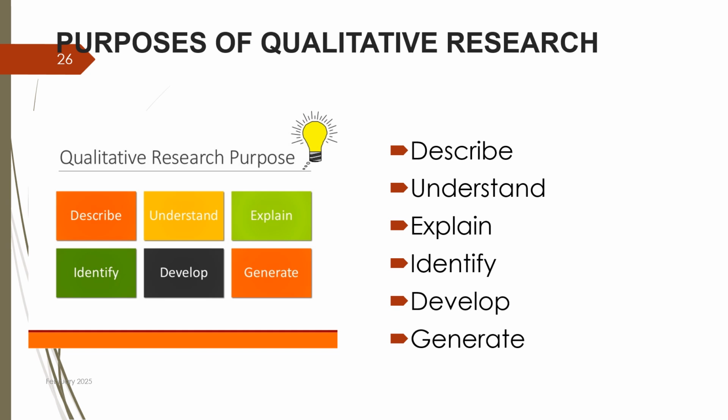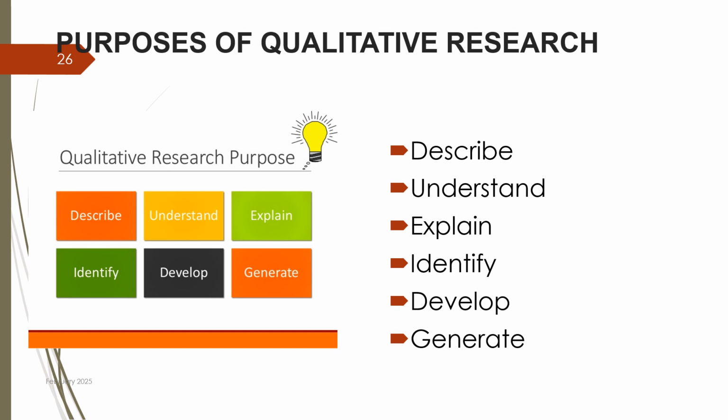What do you mean by generate theory? In quantitative research, as we said, we have an already established theory or conceptual framework, and you want to test this framework. While in qualitative research, you can generate a theory using qualitative data.